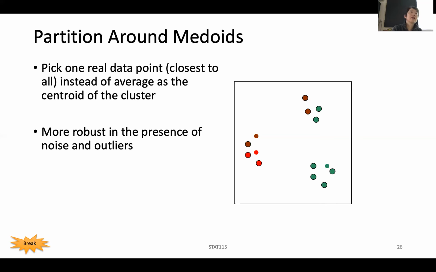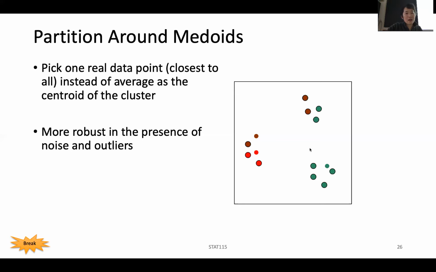Questions? Yes. So what do you mean I pick one point that is closest? Instead of averaging all the points to calculate the center, you pick a real point, because sometimes you might pick an average, but because of one outlier, the average is actually further away from most of the points.